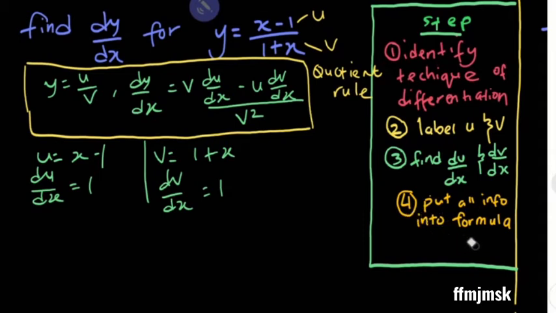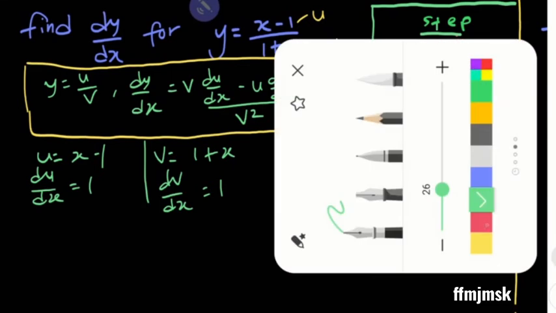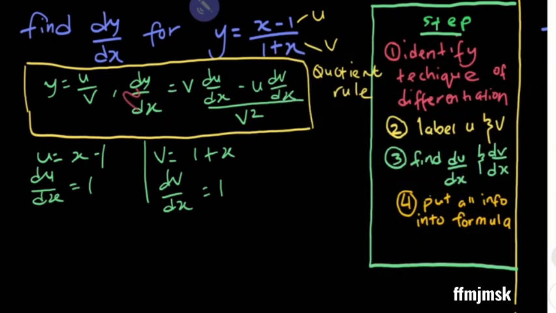So we continue with the next step. Put all information into the formula. So we have the formula here. That's why you have to write down the formula for your reference, so it's easy for you to put all the information into the formula.